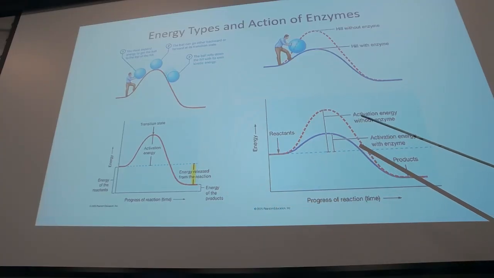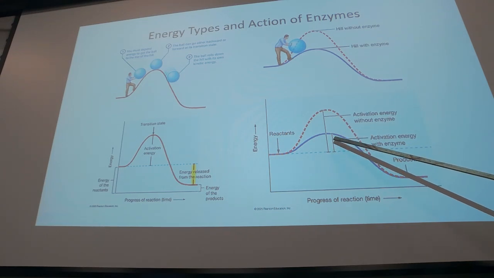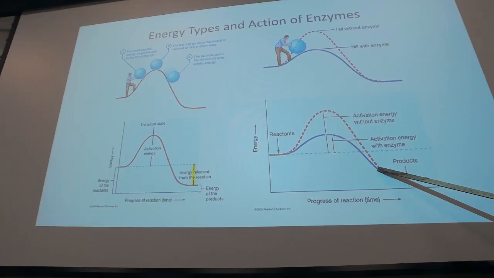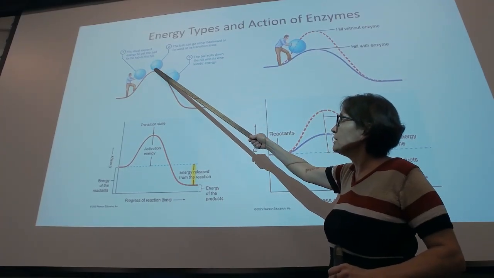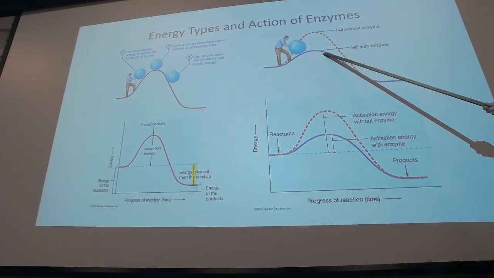However, that chemical reaction would take longer than when you use an enzyme. So here is the illustration as if someone was pushing the ball towards this tall hill versus someone pushing the ball towards this short hill.